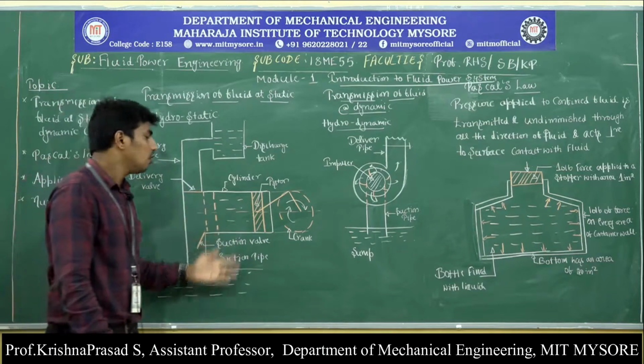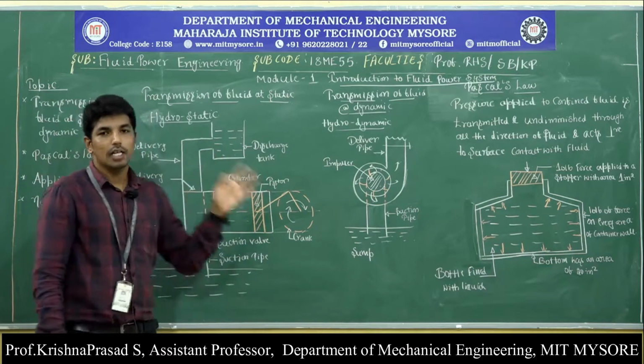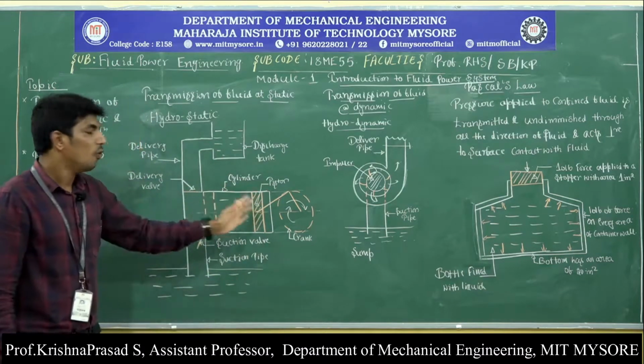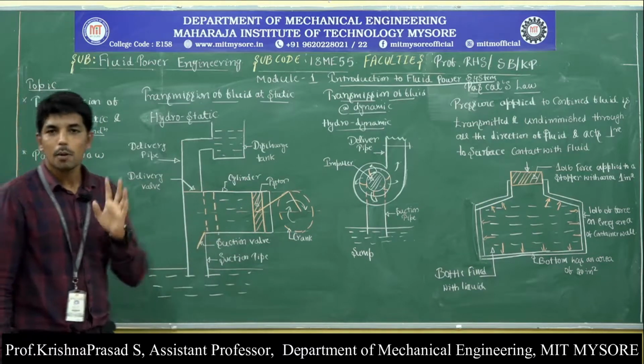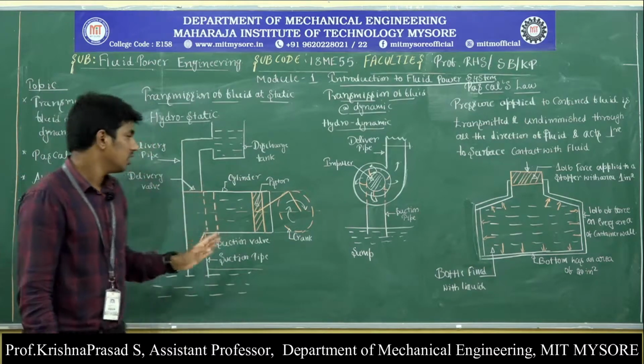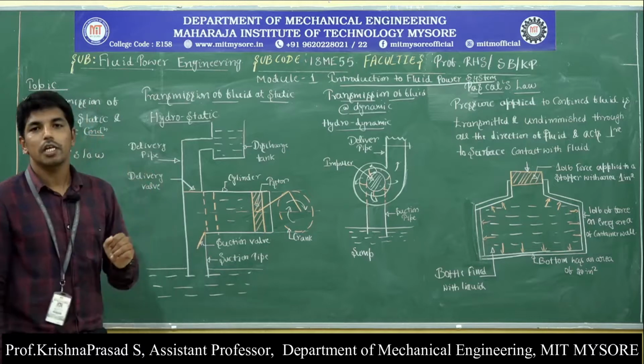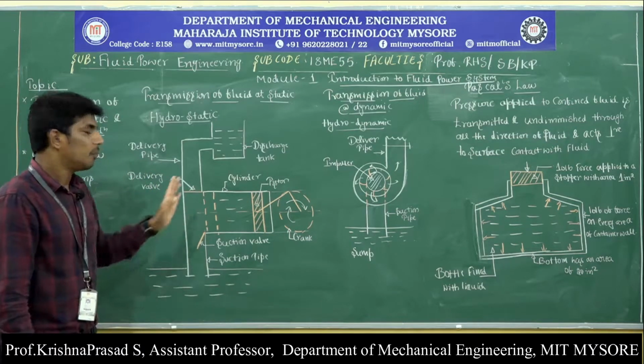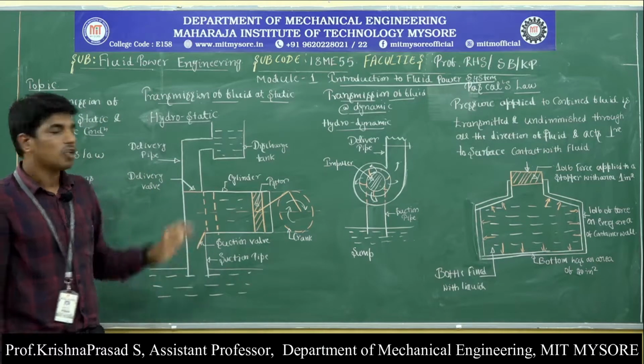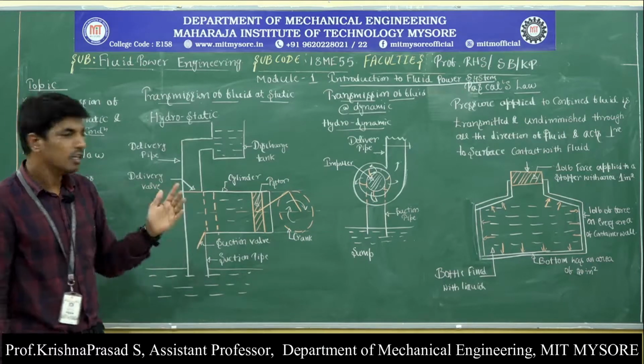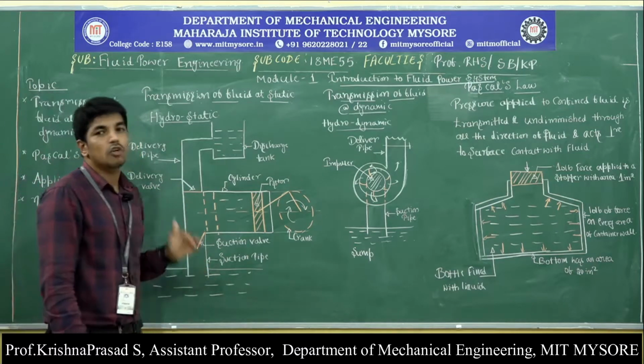So here the fluid is transferred from one place to another with the help of force acting on the fluid. But a very important condition in the reciprocating pump is that the pressure forces remain the same at all points in the fluid, and also the flow is not continuous.